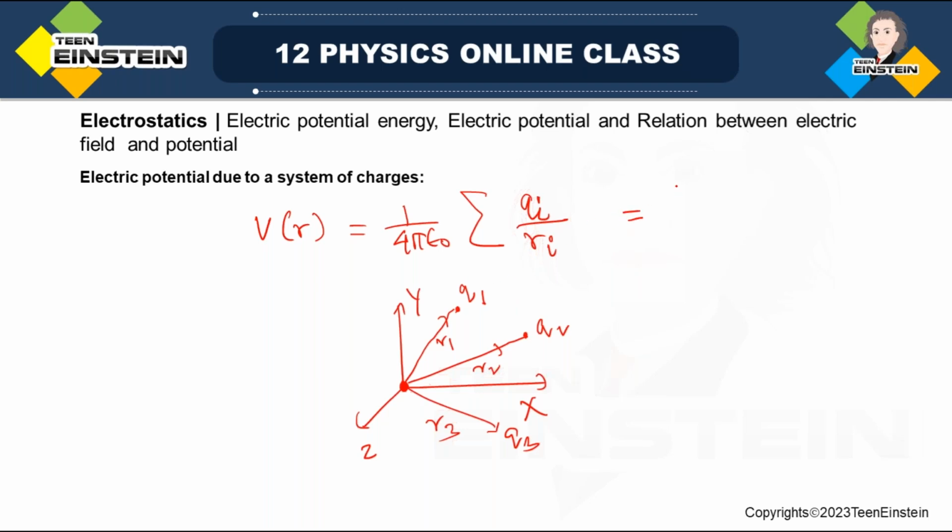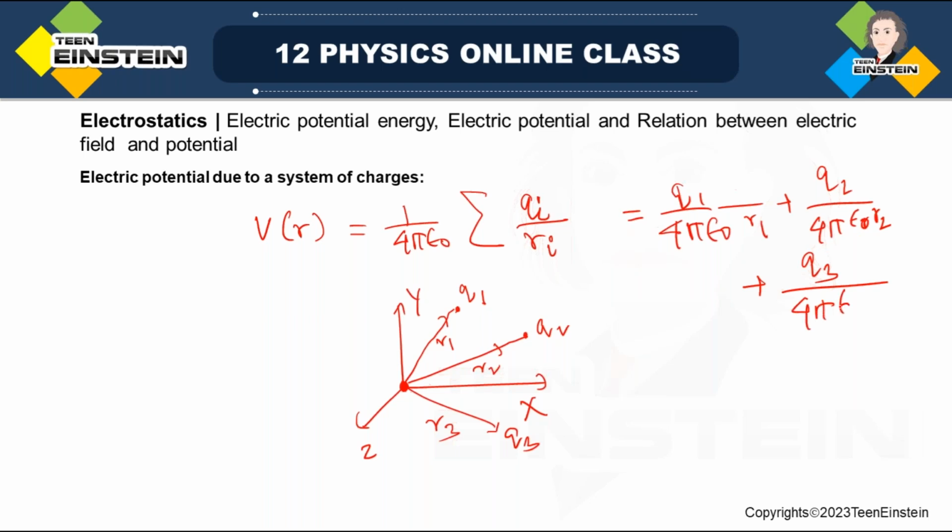So in that case, how do you write that? Just expand the summation: Q1 by 4 pi epsilon naught R1 plus Q2 by 4 pi epsilon naught R2 plus Q3 divided by 4 pi epsilon naught R3. Okay, this is the case when these distances are different for all the charges.